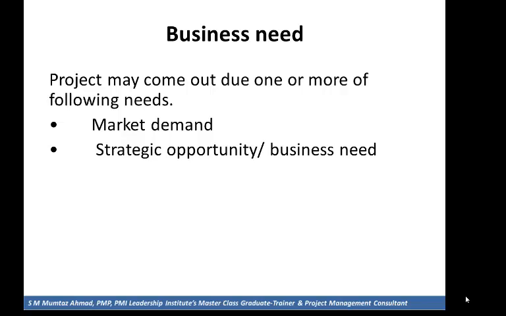Strategic opportunity or business need, such as a training company authorizing a project to create a new course to increase revenues. Customer request, such as an electric utility company authorizing a project to build a new substation to serve a new industrial park.